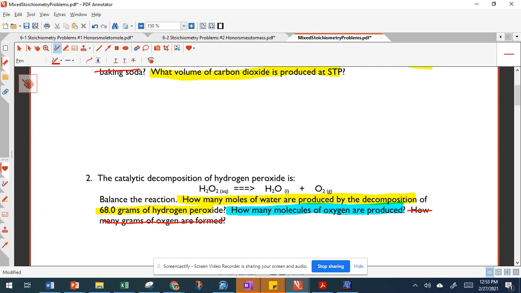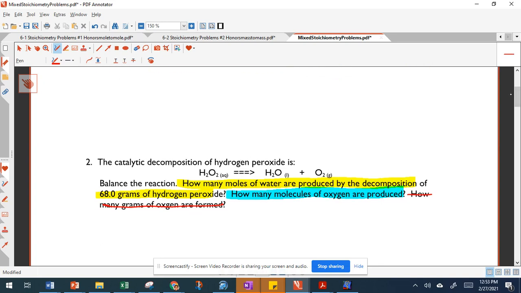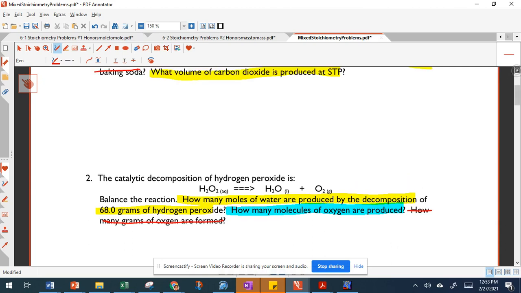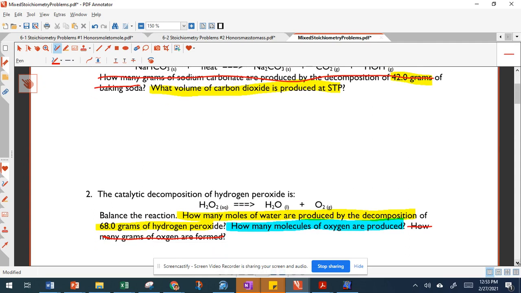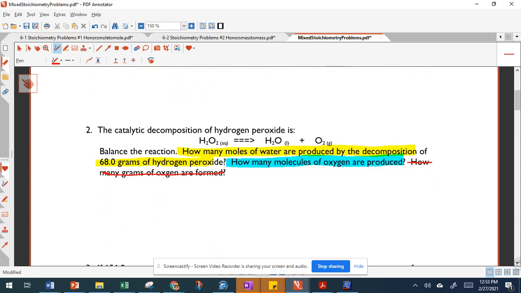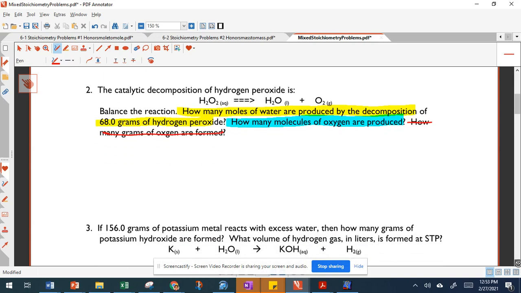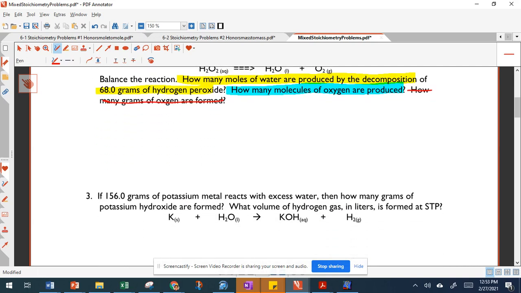I want you to try at least one of each of the different types of problems. If you need additional practice, then you may do so. But you notice here now we have a grams to moles, we have a grams to molecules. Up here we have a grams to liters. And then if you look down at this one, we have another grams to liters.